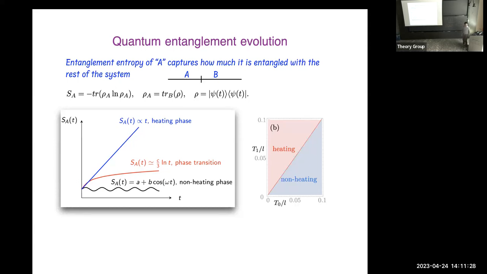Are all these dependences, you mean a coefficient in front of log L or what? The scaling should be a log, right? You mean with this one? I mean the entanglement entropy, the quantity. Oh yeah, I totally agree. What I mean is this is a finite system. If you study the entanglement entropy in the ground state, it grows as log L of the subsystem size. But now we are interested in the time evolution based on this value. You have a log L at the very beginning, but as you drive the system, it will grow linearly.